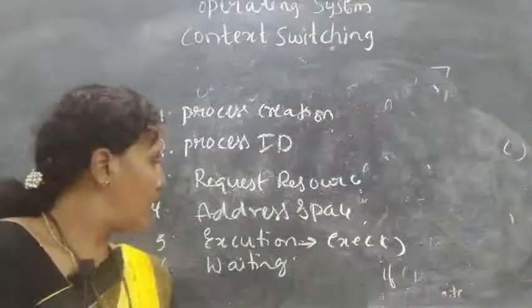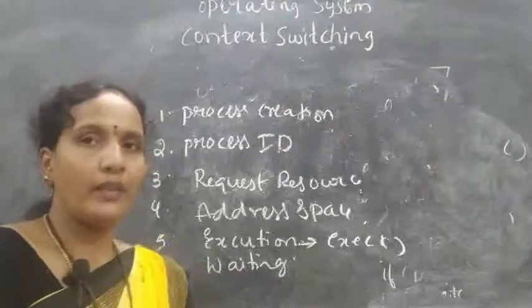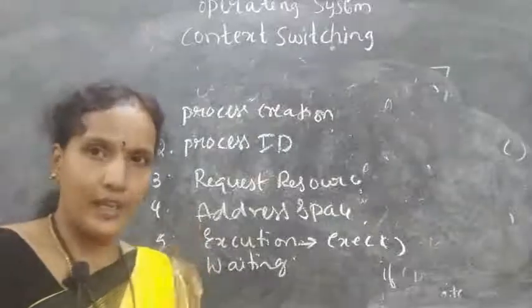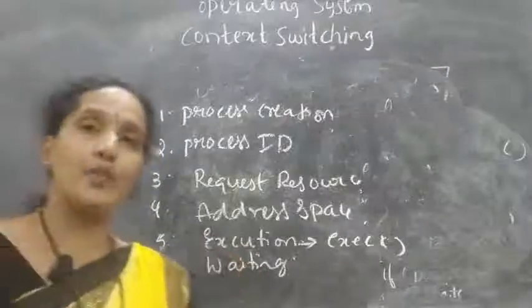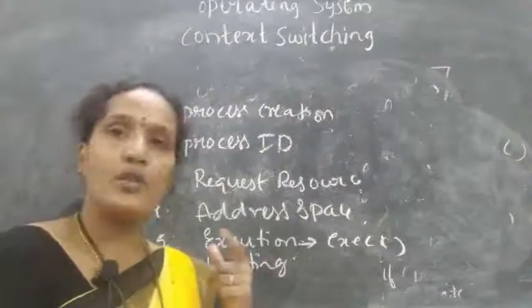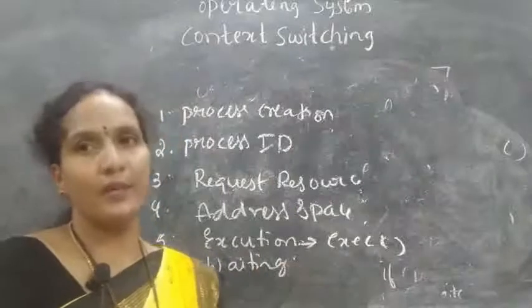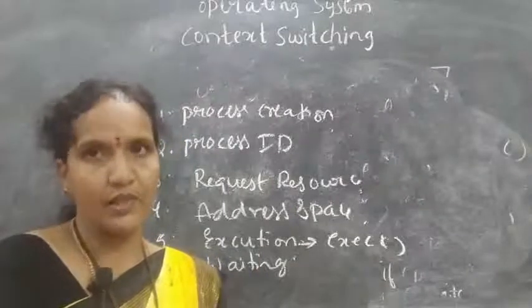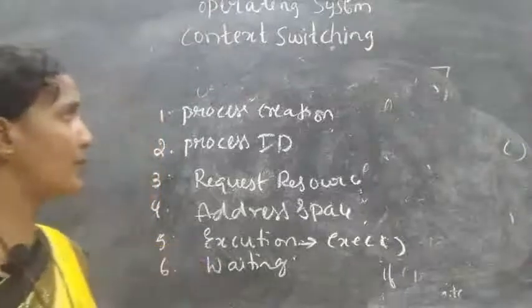Clear, all of you? Now, waiting. This point I have already explained. Waiting means when a parent process creates a child process, the parent process should wait till the child process has completed its execution. Understood? This is about the process creation.